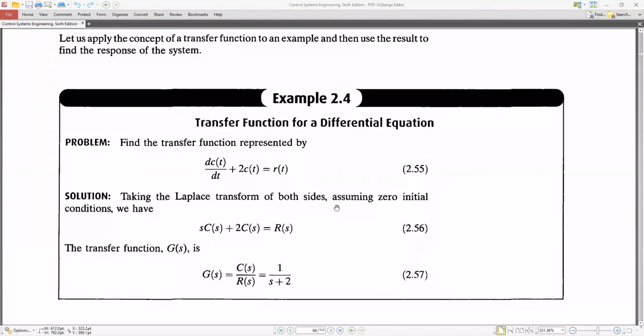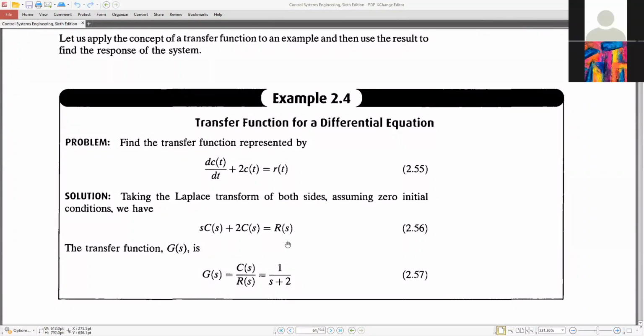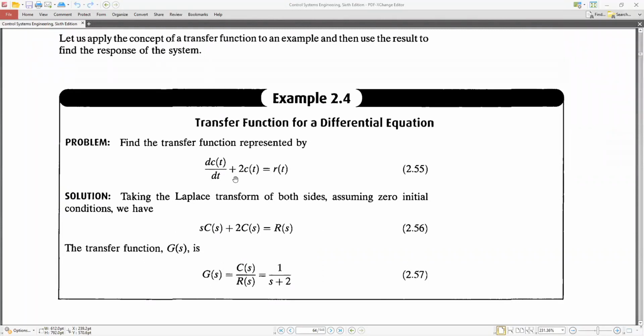Here is an example they have given: find the transfer function represented by dc(t)/dt plus 2c(t) equals r(t). From here, how do we find the transfer function? It is a very simple one.